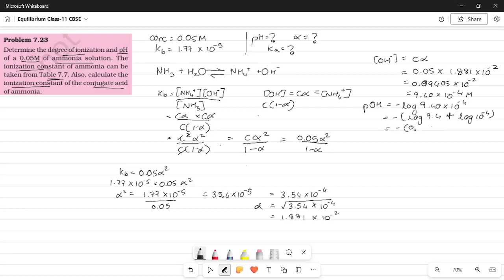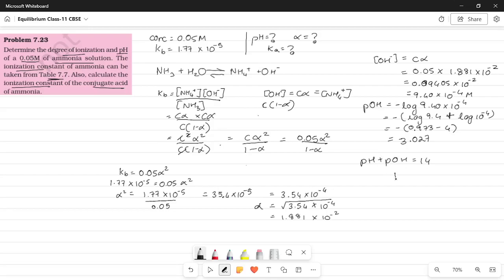Log of 9.4 is 0.973 minus 4, and this is again equal to 3.027. So this is the value of pOH, and we know pH plus pOH equals 14, right?